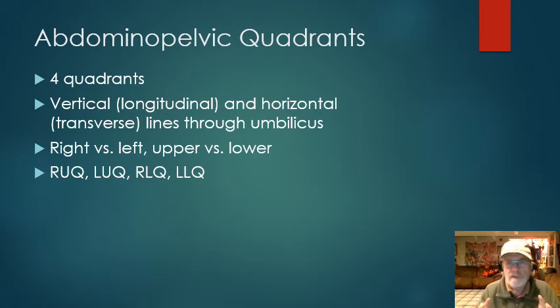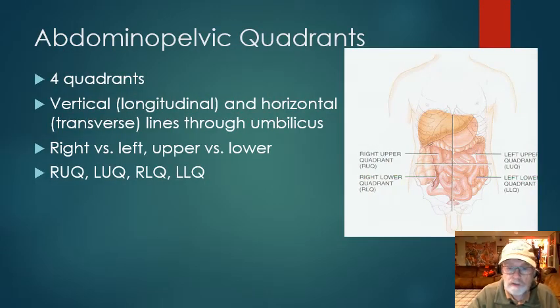The abdomen is jam-packed with all kinds of different organs, and as a result we try to identify where they are by location. One way we could do this is by what we call quadrants. We take the abdomen and divide it into fours.